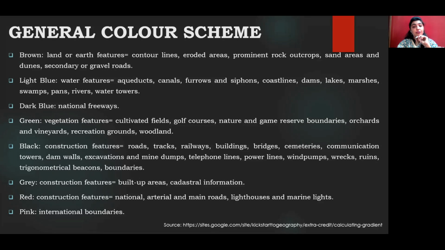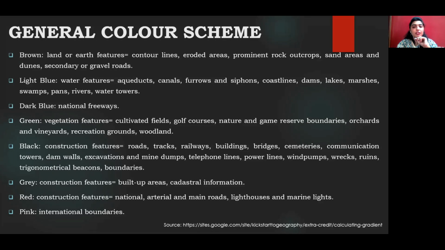So when it comes to depicting the earth features, the physical divisions, it is majorly the brown color. Then we come to the light blue color, which depicts water features. Be it dams, canals, lakes, marshes, perennial rivers, or water towers, all these are shown with light blue color. Dark blue color: national freeways are depicted by dark blue color.